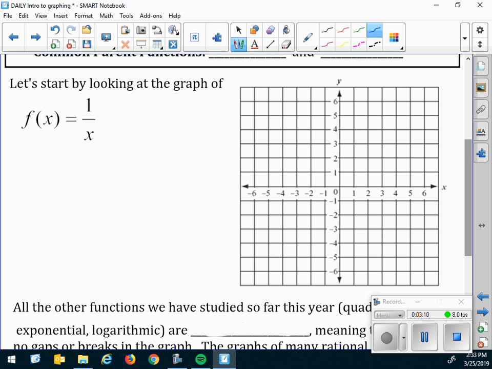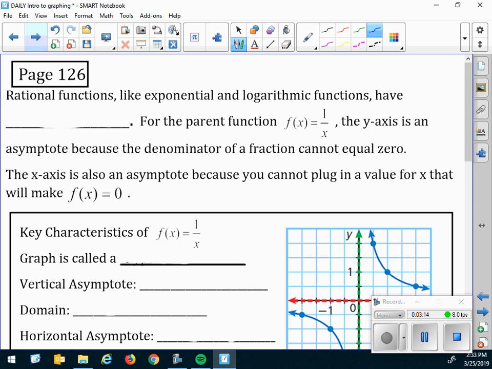And then you have key characteristics. Let me see what this is supposed to say. Oh, I think this is already filled out on yours. I'm going to have to fuss at Miss Log about this. Rational functions like exponential and logarithmic functions have, no, it's not on there. Asymptotes. Yay. Asymptotes.